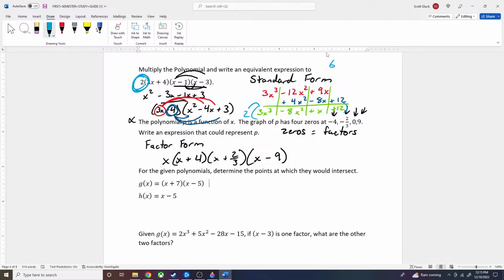That gives us 6, and x to the third stays the same because this 2 doesn't have any kind of variable attached to it. So 2 times negative 8 is minus 16x squared. 2 times x is plus 2x. And 2 times positive 12 is plus 24. This is your final full polynomial.